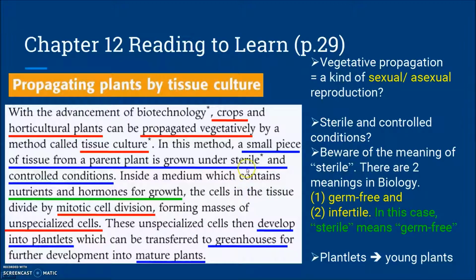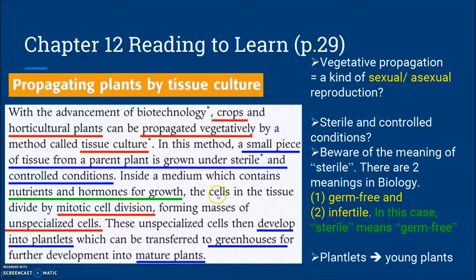In this case, sterile should mean germ-free. We cannot say the condition is infertile, because the point is that we would like to grow a new plant. So we put it in a germ-free condition, that means without bacteria, without fungi to harm the plant.